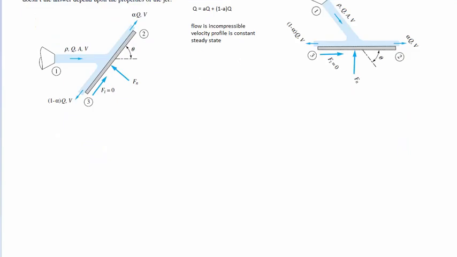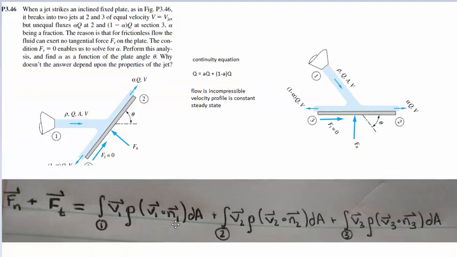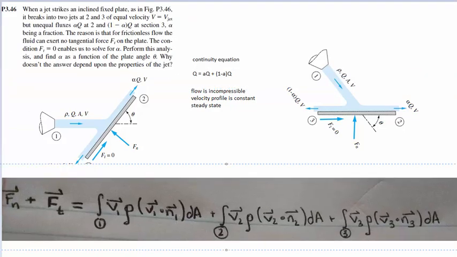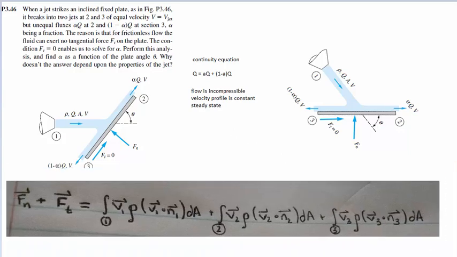We're going to first write the linear momentum equation, same way we have before. I'm going to skip a few steps. Okay, it's going to look like this. Let me explain.